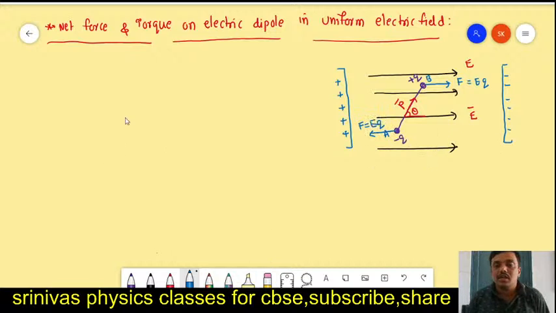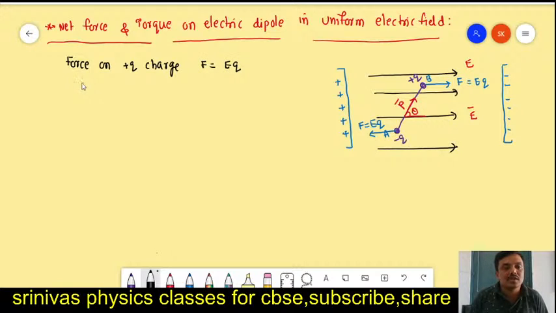Right? Then what is the net force on this? Force on plus q charge in the electric field is EQ. Force on minus q charge is also EQ, but they are in opposite direction.